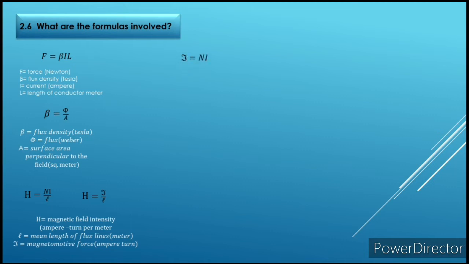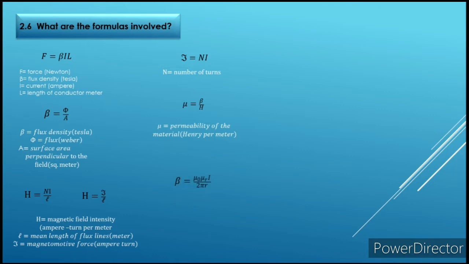We also have magnetomotive force is equal to N, the number of turns, times the current, where N is the number of turns. Next one is the permeability is equal to flux density over the magnetic field intensity, where mu is the permeability of the material, unit is in Henry per meter.